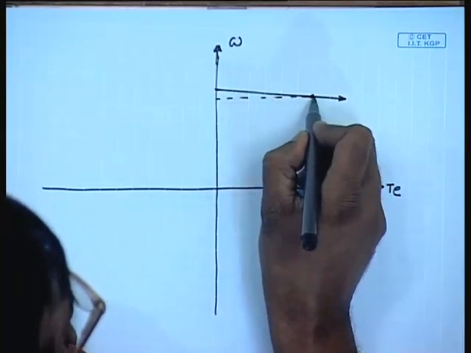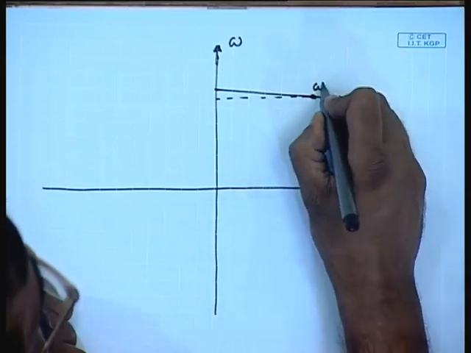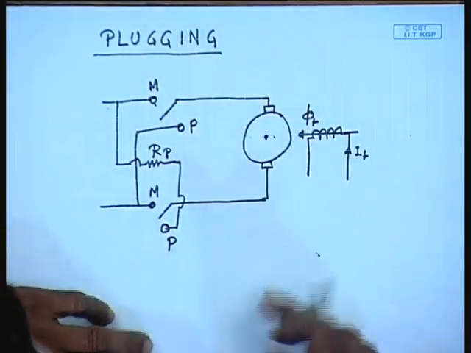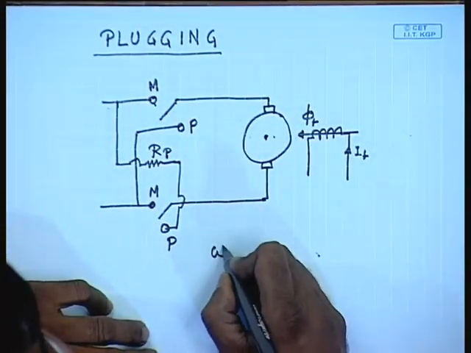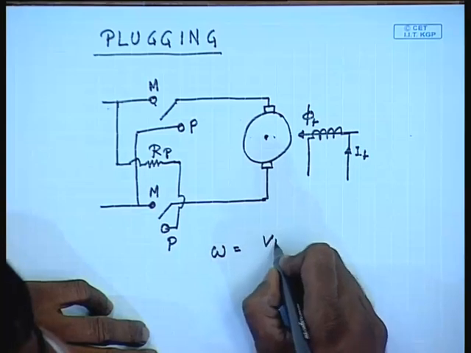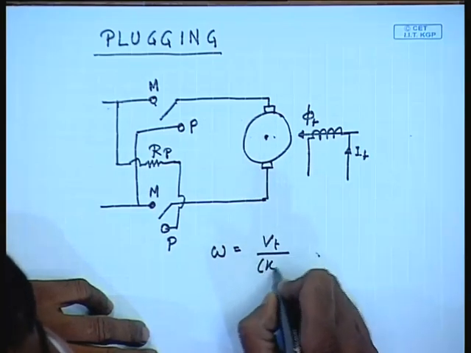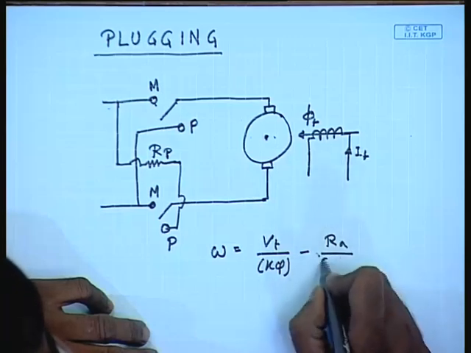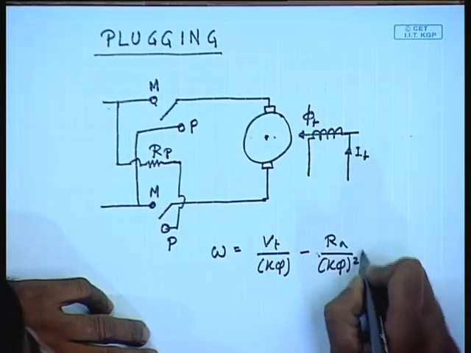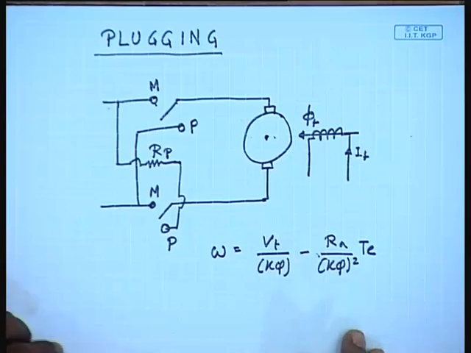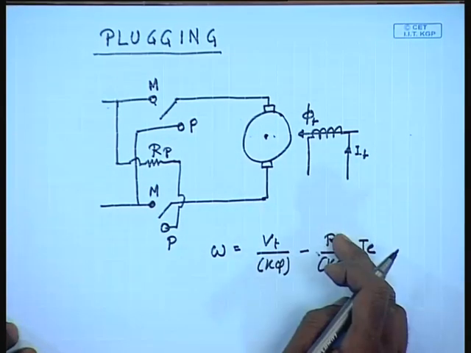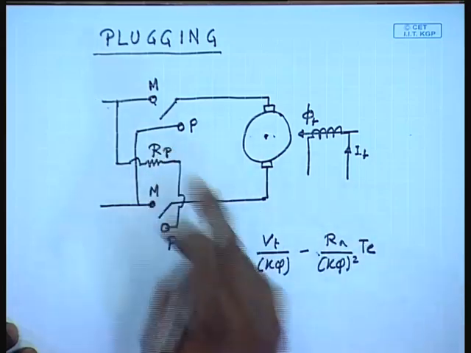And suppose it was operating at the speed of omega 1. When we apply plugging, the polarity... omega equal to V t by k phi minus R A by k phi square T E. For plugging, the polarity of V t is made negative, as well as R A increases to R A plus R P.